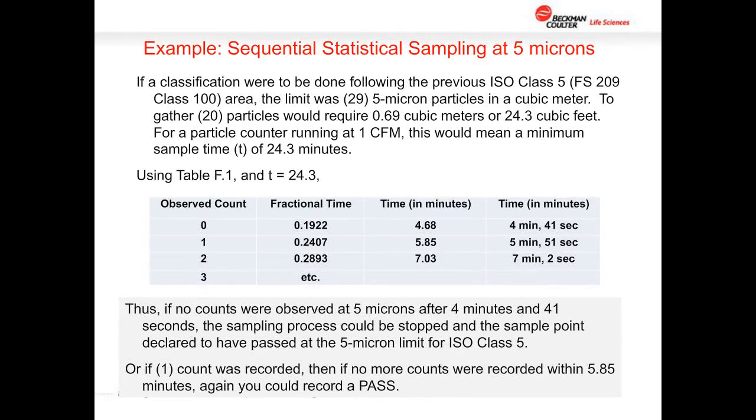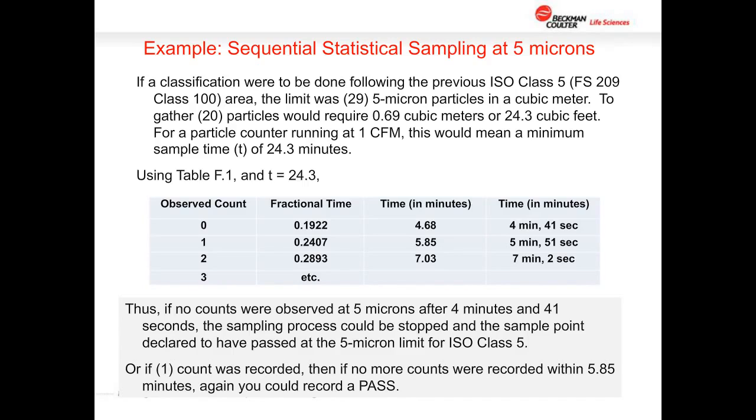So for example, if we need to sample 5 microns, which normally takes quite a bit of time to evaluate because there are so few events, what happens if you have a lower flow count system operating at 1 cubic foot per minute, 28.3 liters per minute?